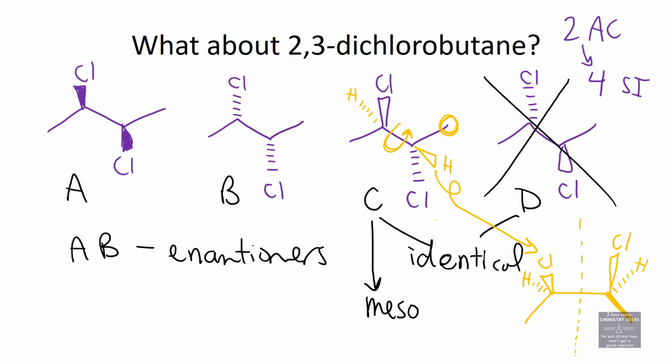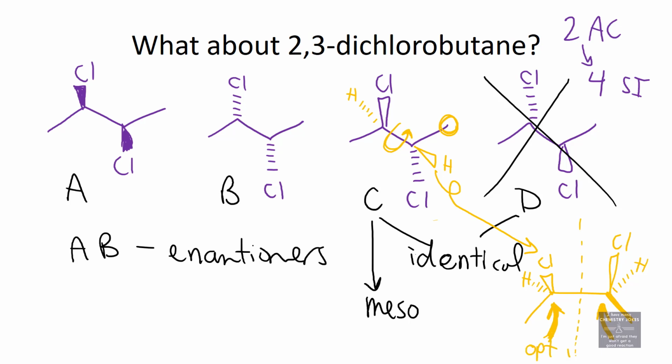So a meso compound is sort of like a tug of war. Remember, chiral compounds are optically active. A meso compound has one side that's saying, I want to rotate the light this direction. The other side is saying, I want to rotate the light the opposite direction. In the end, they completely cancel each other out, and the light doesn't get rotated at all.